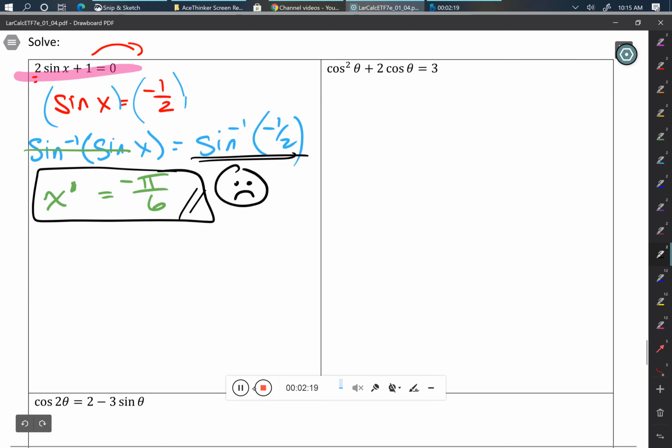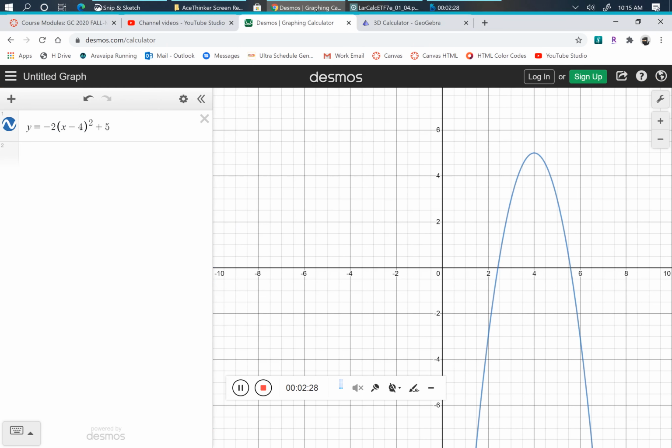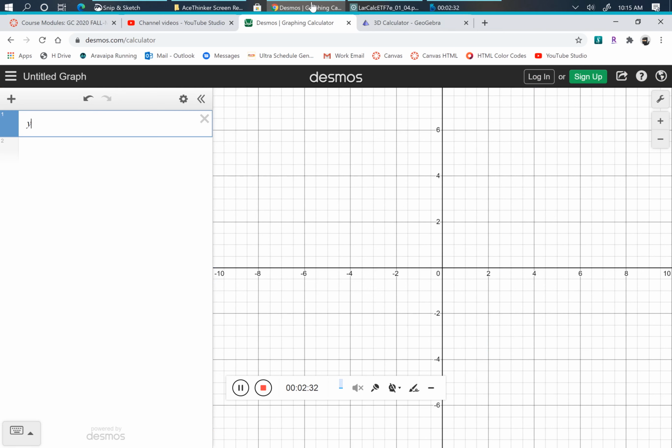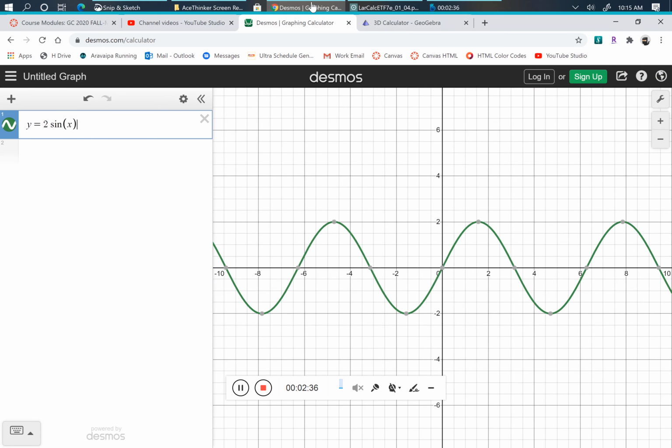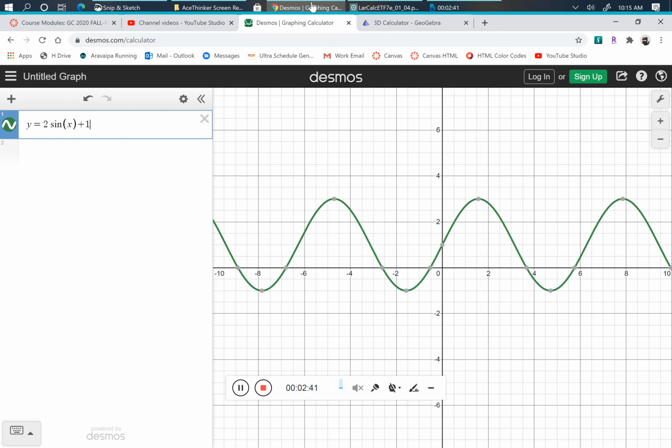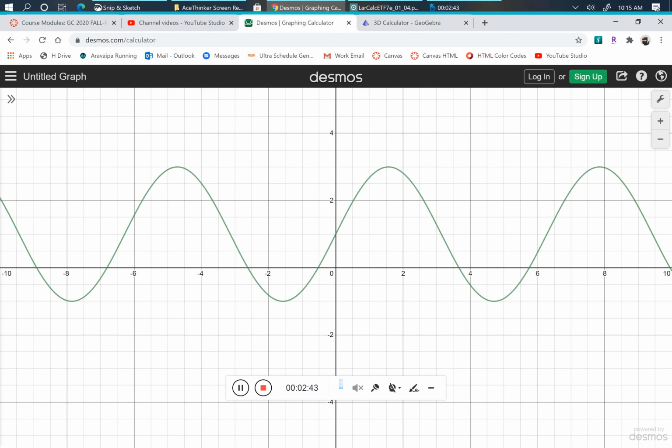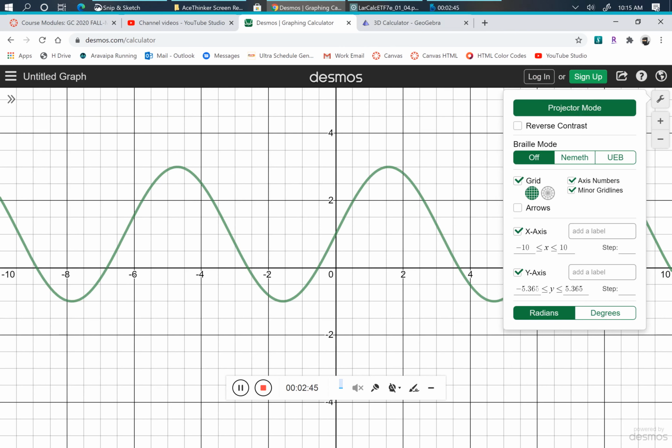If I were to take a look at the original problem graphically, I'm going to flip over here to Desmos because I love Desmos, and I'm going to take a look at the equation y equals 2 sine of x plus 1. And my job is to find out when this function is equal to 0.